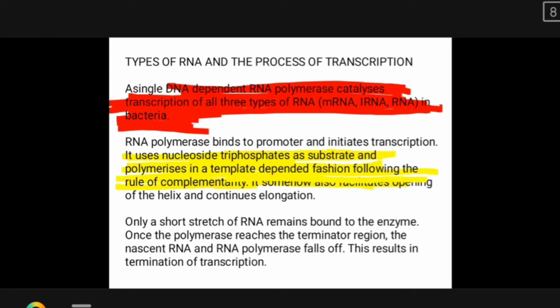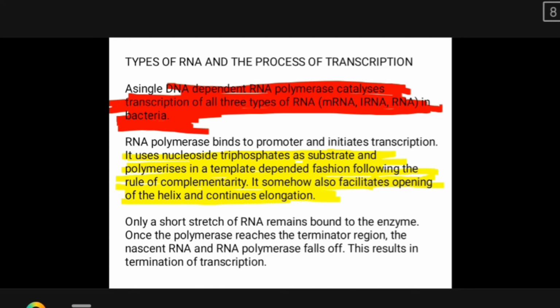It also facilitates the opening of the helix and continuous elongation. In replication of DNA, we have already seen that the opening of the helix is done by the helicase enzyme, but in transcription, DNA dependent RNA polymerase itself does the work of uncoiling or opening the helix, and then it continues the elongation process.